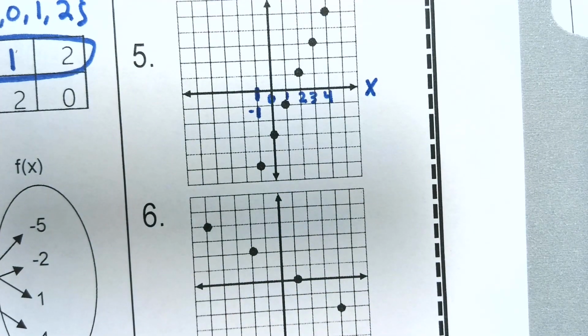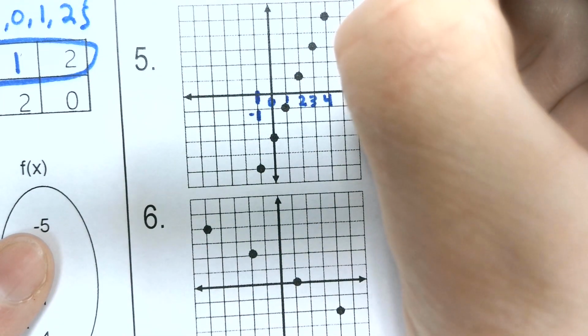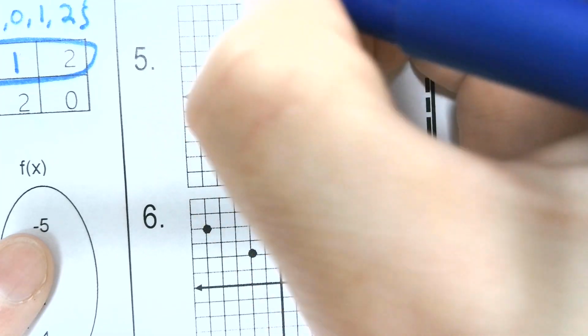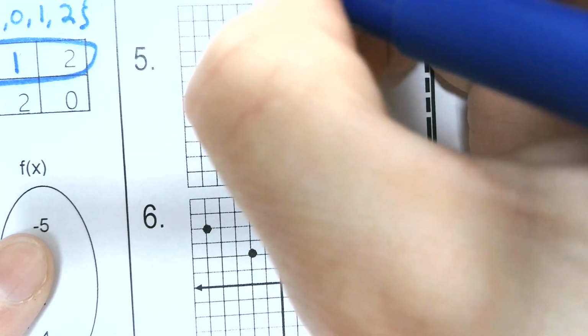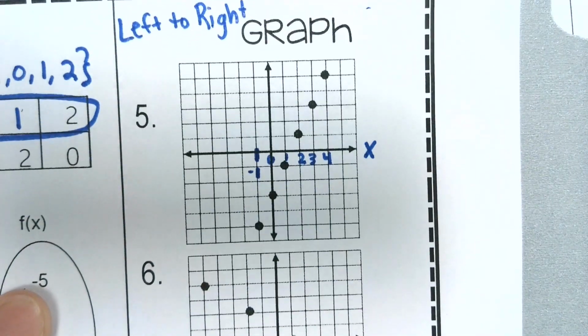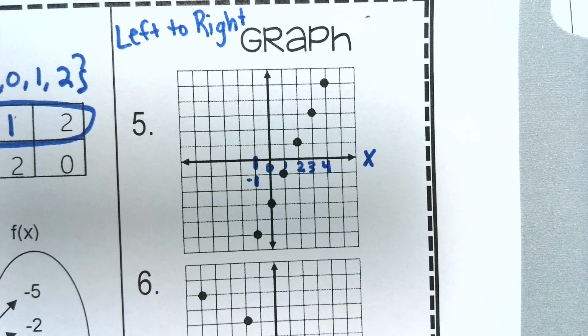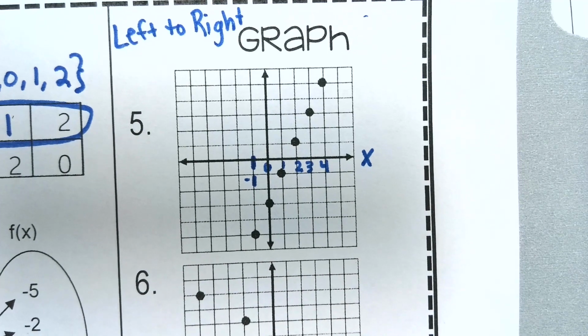So we're going left to right. I'm going to write that here. Left to right on the graph. We want to know what all the possible values are from the left to the right. And then we make our list.